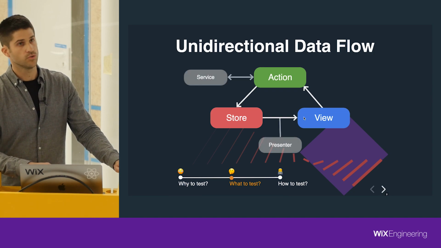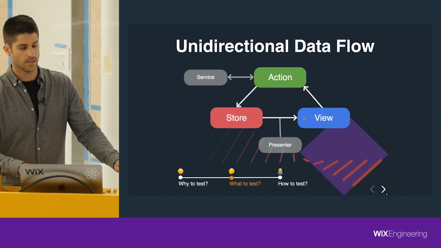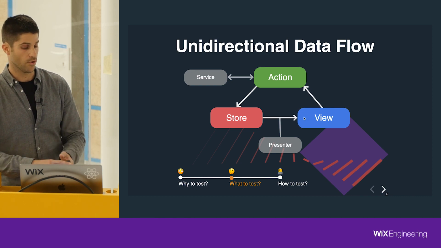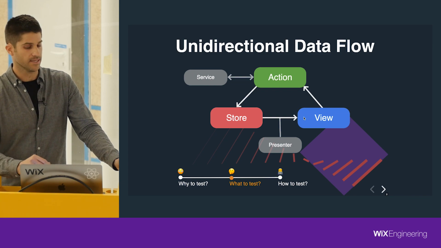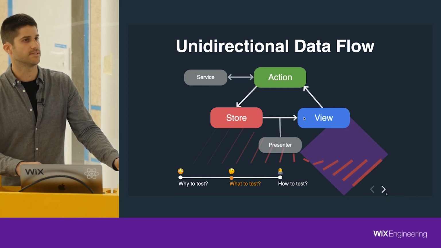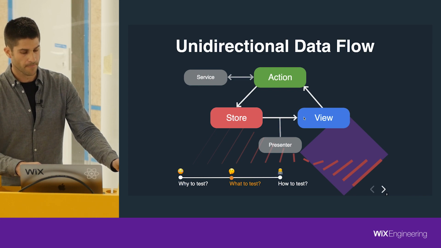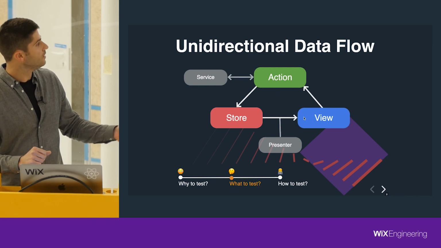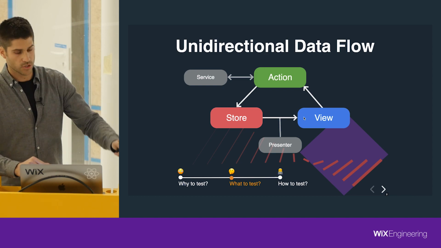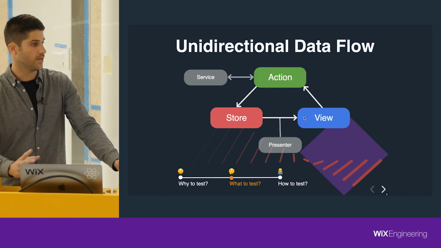The action used some services, maybe going to a remote server and fetching some data. Updated the stores that some of the data had changed. And the store is bound with the view. I'm here in this line. The store is bound with the view by Redux or MobX.